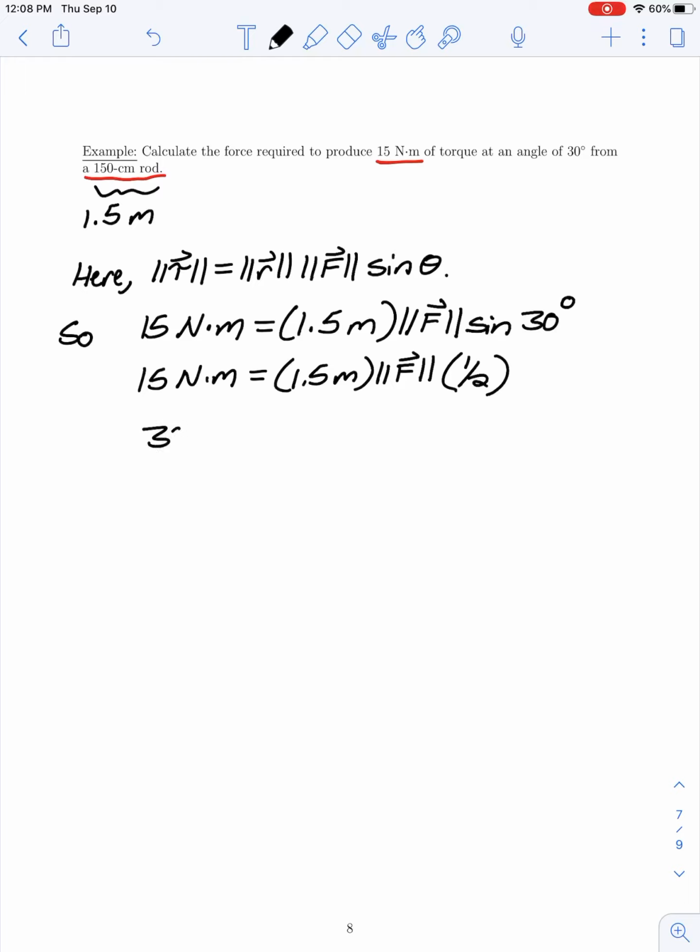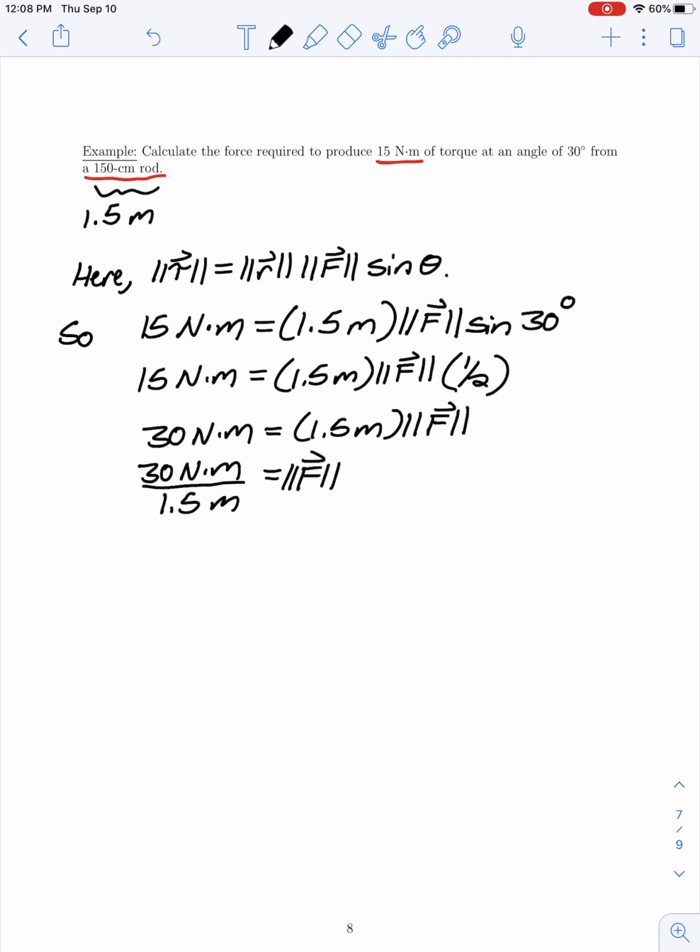So I would have 30 Newton meters is equal to 1.5 meters times the magnitude of our force. So to solve for the magnitude of our force, I would have my 30 Newton meters divided by 1.5 meters.